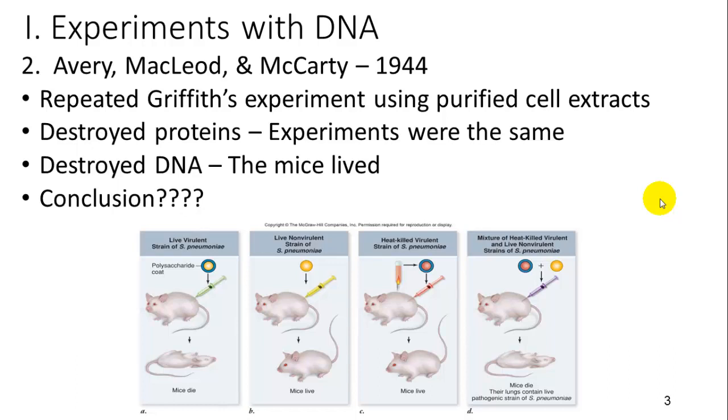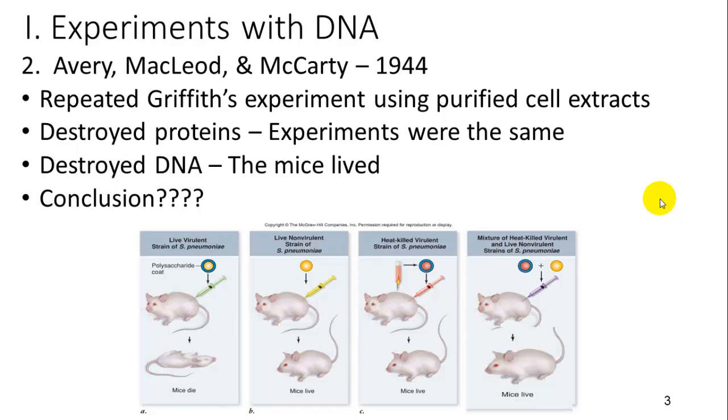One thing they did was destroy the proteins. By destroying the proteins and leaving everything else the same, the experiments had the same results. But when they destroyed the DNA, the mice lived.